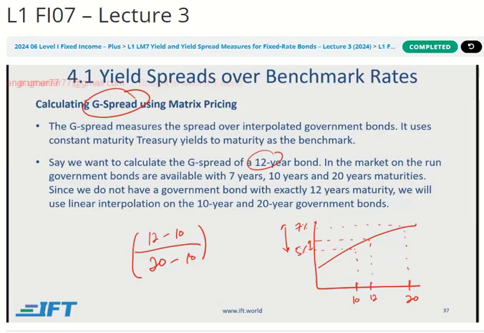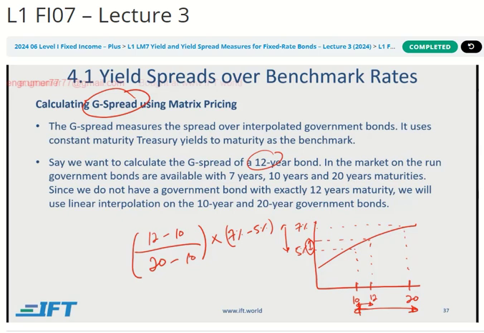What you're basically doing is asking how far 12 is from 10 versus how far 20 is from 10. Then you multiply this with the difference between 7 and 5% to get this component.